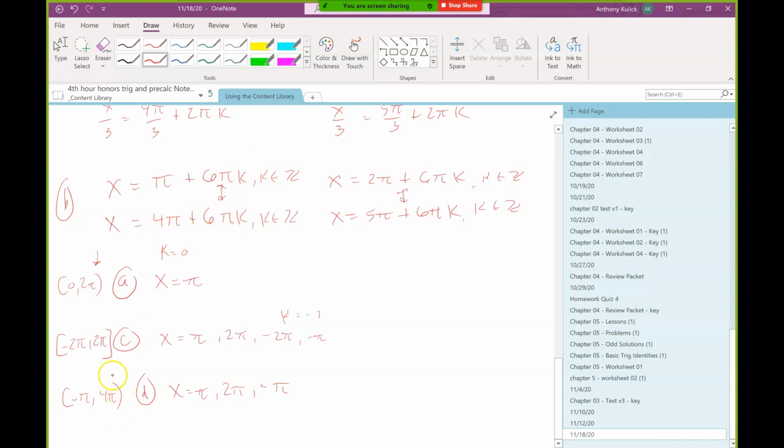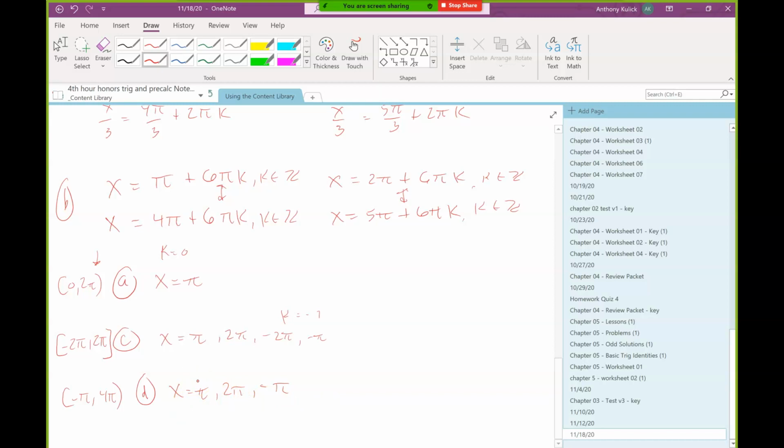But I have a parenthesis at the end rather than a bracket, so 4 pi is even too big. When this one was 0, it gave me 5 pi. That's also too big. This one I already have at 2 pi. This one I already have at 1 pi. If I add 6 pi to either of those, that's also going to be too big. So this is it for my answers for D.